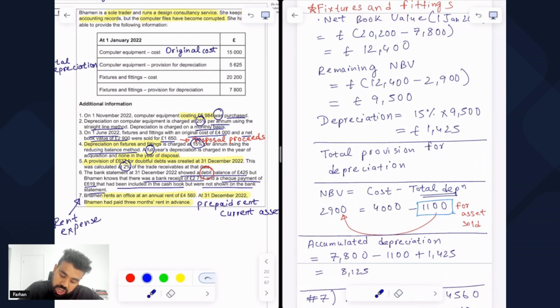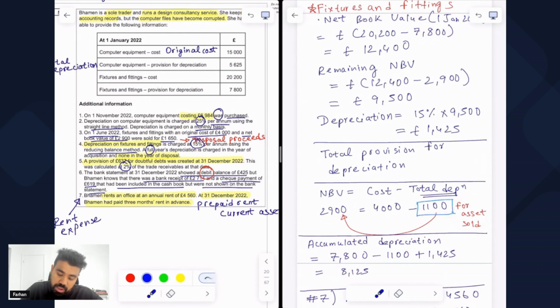The total depreciation is something that we did not know, but if you just use some logic, you would see that the total depreciation has to be 1,100 for the asset that we have sold, because if it is 1,100 pounds, only then when we subtract this from the original cost of 4,000 pounds, you would end up with a net book value of 2,900 pounds.